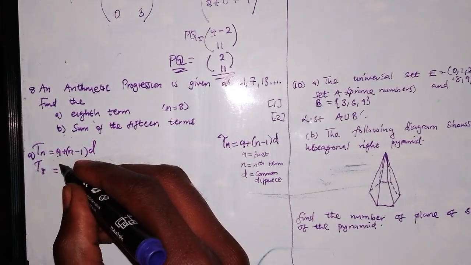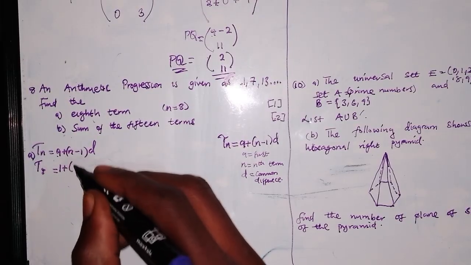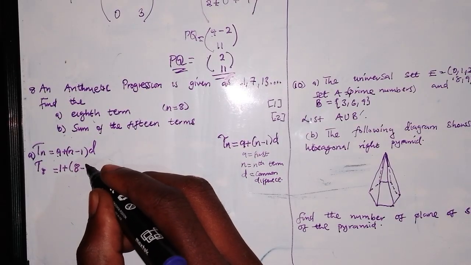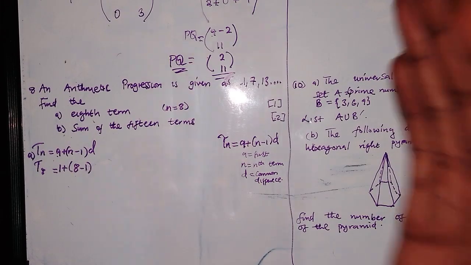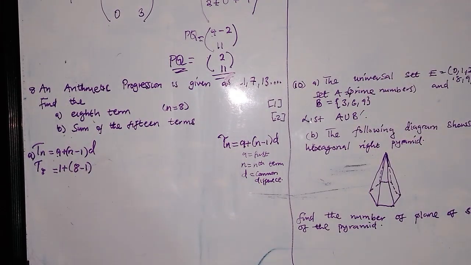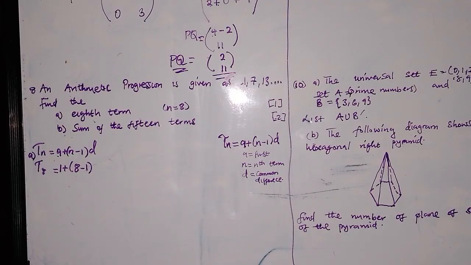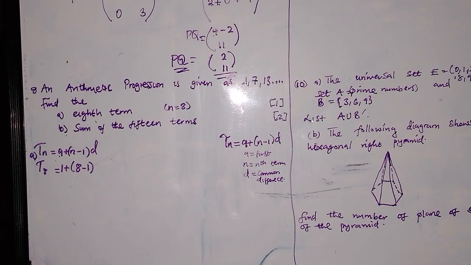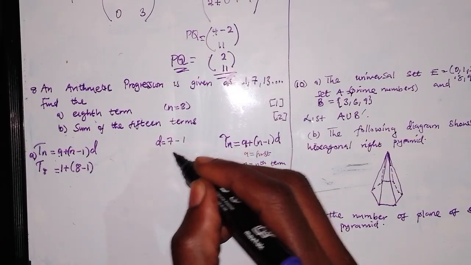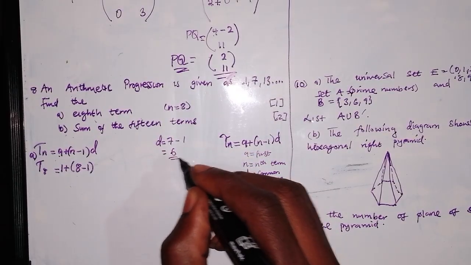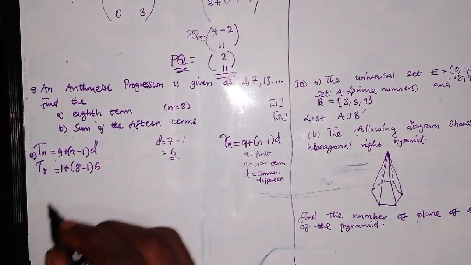Our first term is 1, plus our n is 8 minus 1. What is our d? I told you, you can either subtract the third minus the second, or the second minus the first. In our case, the common difference is equals to 7 minus 1, which is 6. So therefore our d will be 6.